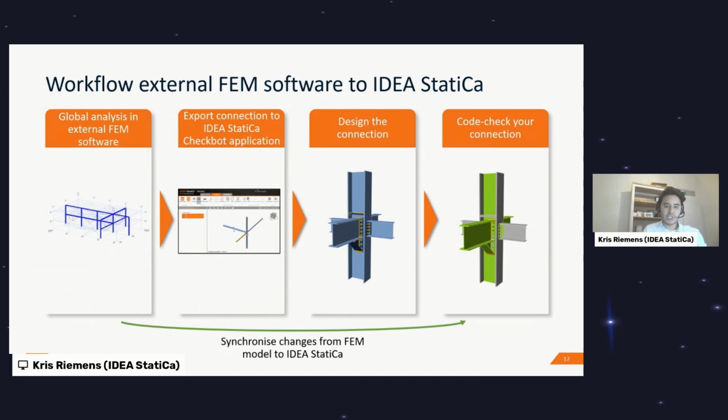In the connection application, we can add the design. We add the stiffening plates, the bolts, etc. And finally, we can perform the code check on your connection. If you make some changes in your global FEA model, we can synchronize those changes into IDEA StatiCa.